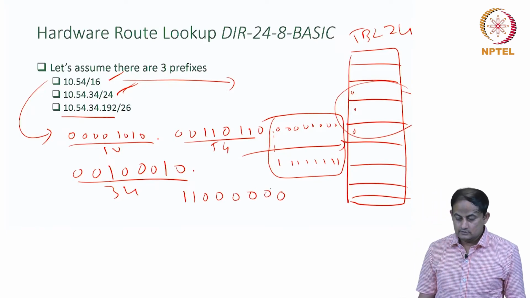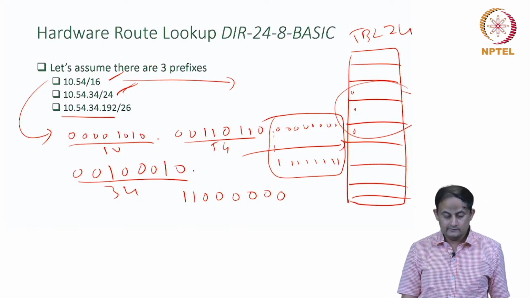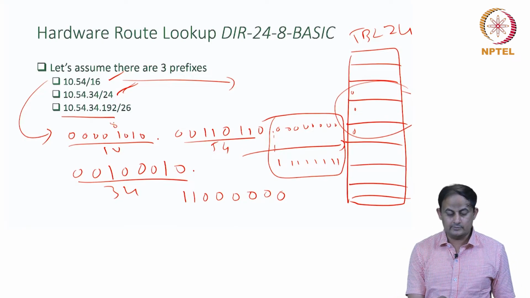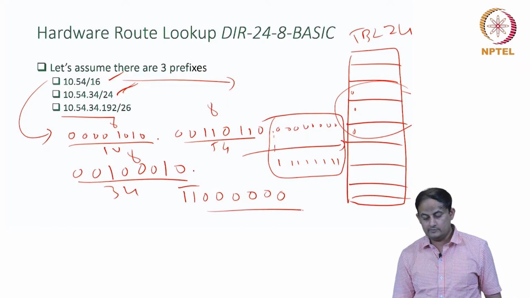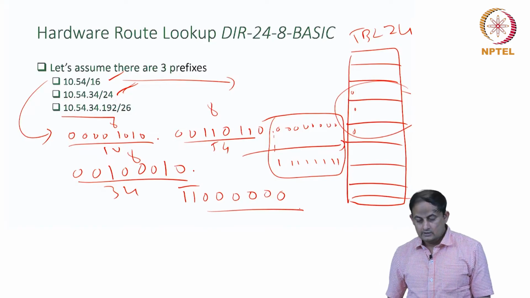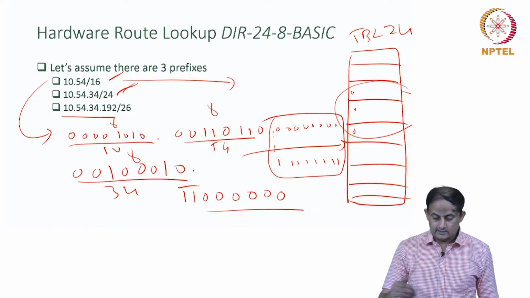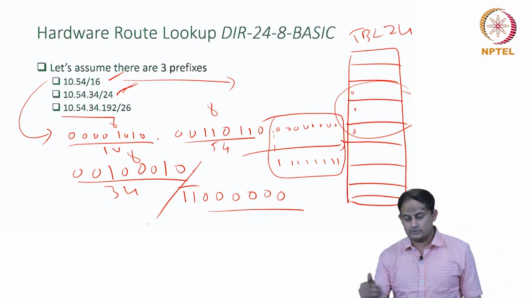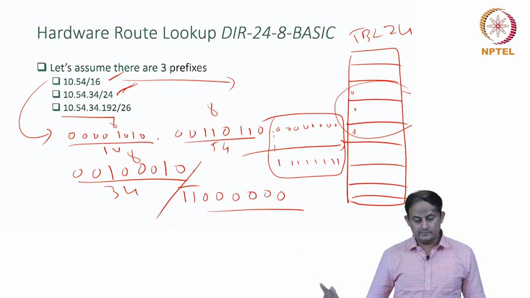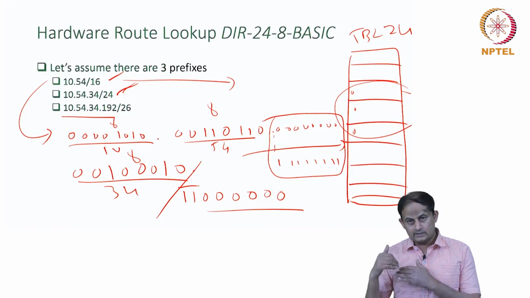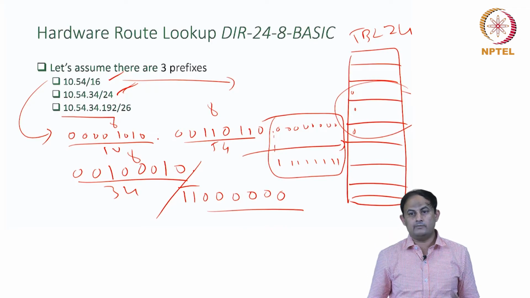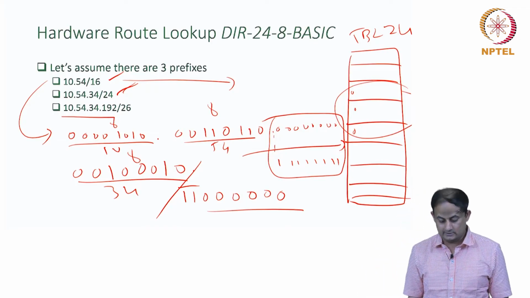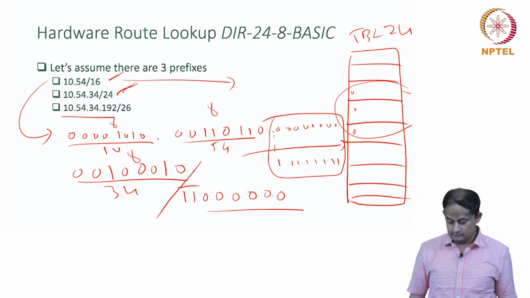So what it means is these 8 bits here, 8 bits here, 8 bits here, and these 2 bits are fixed, and the remaining 6 bits I do not care. When I examined, I already made entries for these cases; the /24 is already there. 256 entries are created in the first level table, and some portion of the 256 entries in level number 2 are now reserved for the third prefix. So that is how the table looks.